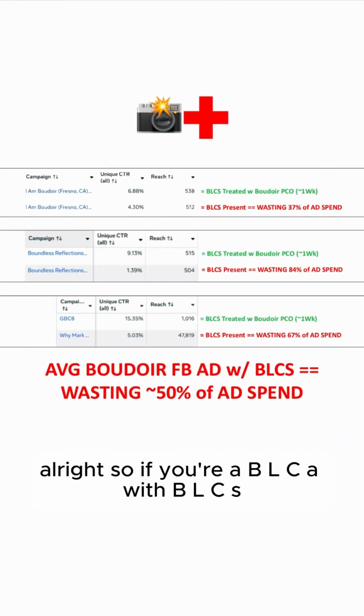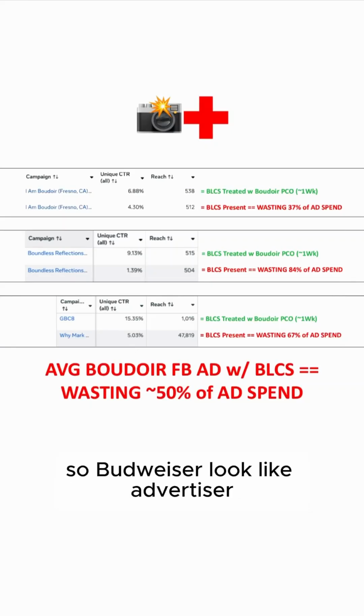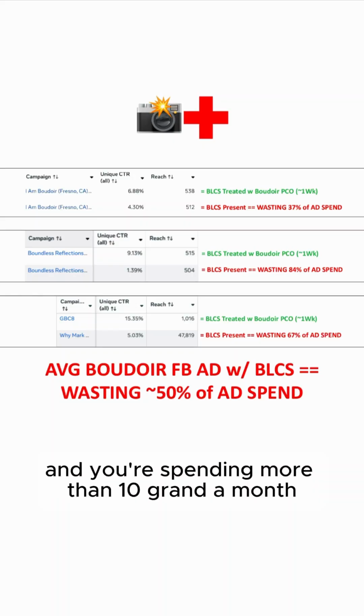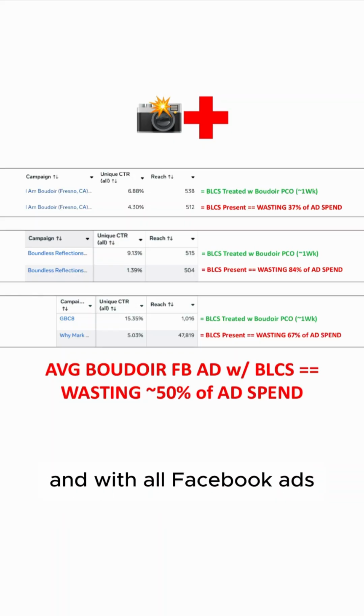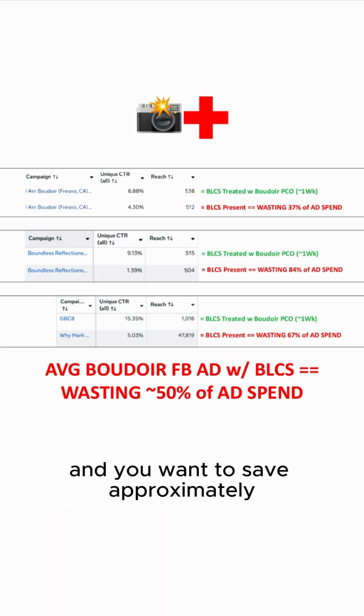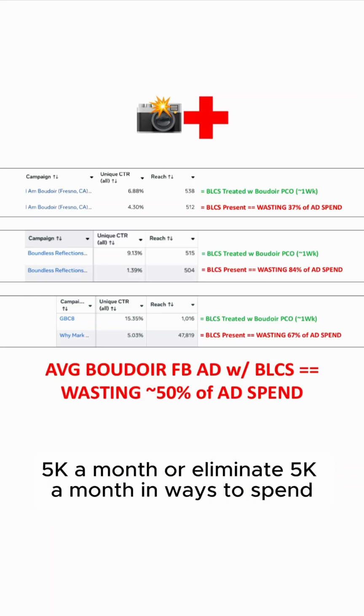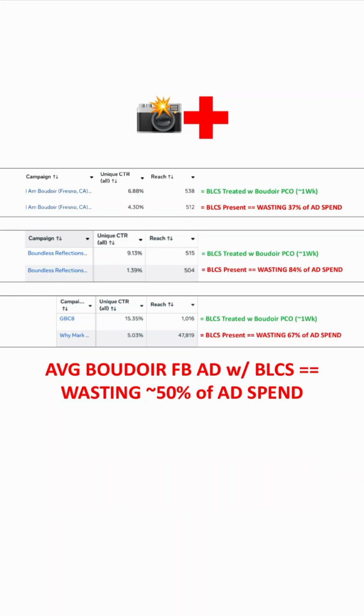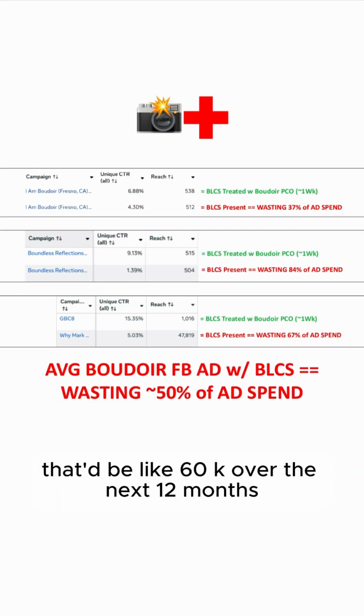All right, so if you're a BLCA with BLCS, so Boudoir low click advertiser with Boudoir low click syndrome, your unique CTRL on Boudoir Facebook ads is under 6%, and you're spending more than 10 grand a month on Boudoir Facebook ads, and you want to eliminate approximately 5K a month in wasted spend, pocket that instead, and keep, on average, about 60K over the next 12 months.